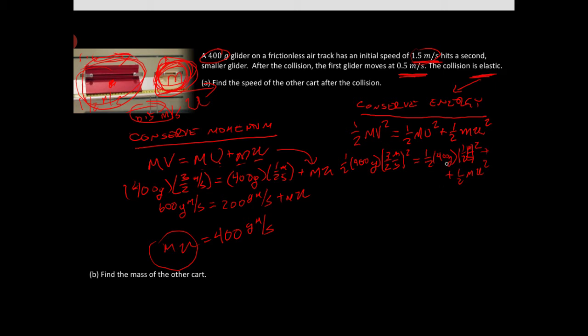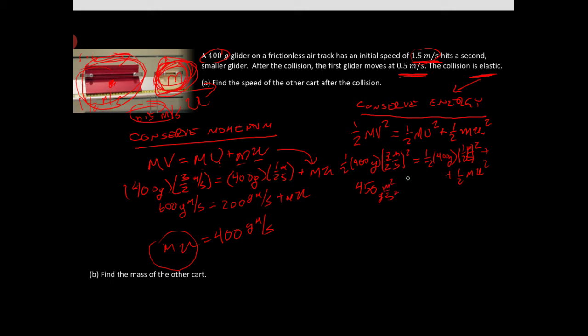So let's take those numbers and multiply them together. All right, so let's see. This is 200 times 9/4. It's 100 times 9/2, which is 450 grams meters per second.